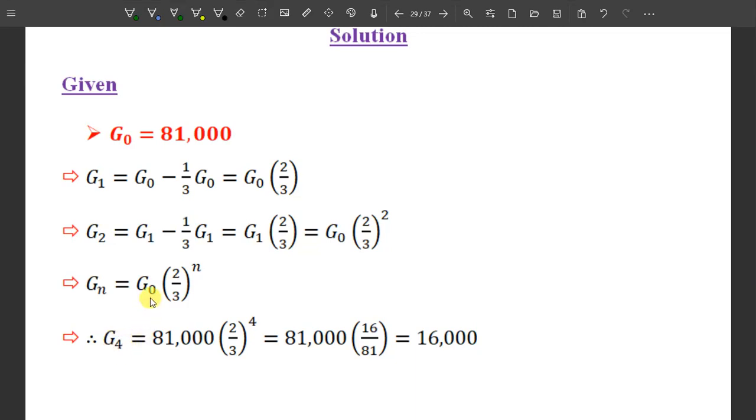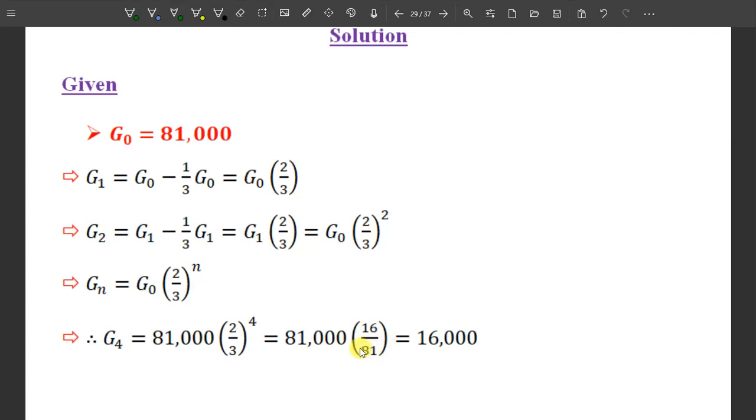will be worth, since our initial is 81,000, then 81,000 times 2/3 to the power of 4, and 2/3 to the power of 4 means 2 to the power of 4 over 3 to the power of 4, which becomes 16/81.